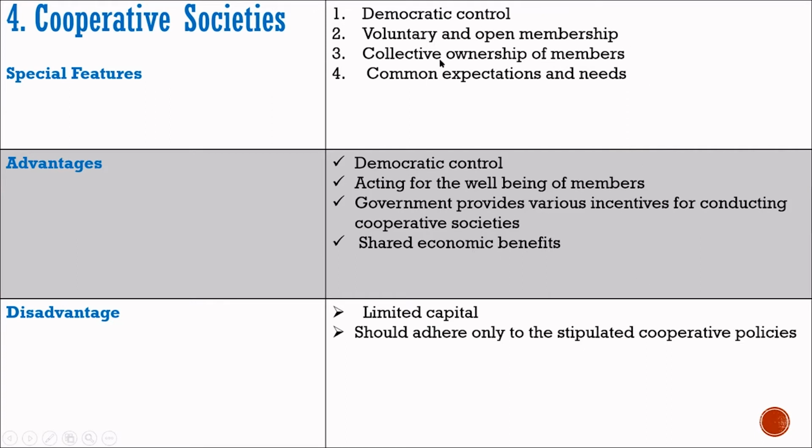Because these are voluntary ones who are having a common objective. And the disadvantages are they have limited capital, right? So they get their capital through the membership fees and other collections. Because of that, they have limited capital and they have to adhere to the cooperative policies given by the government.